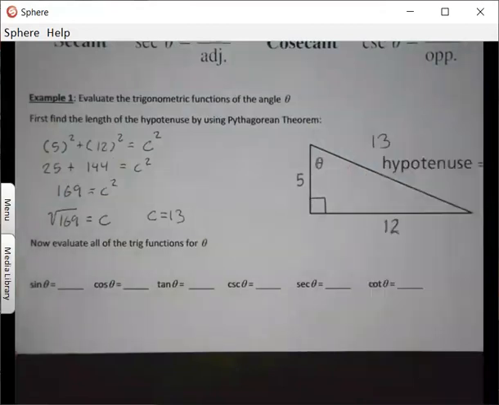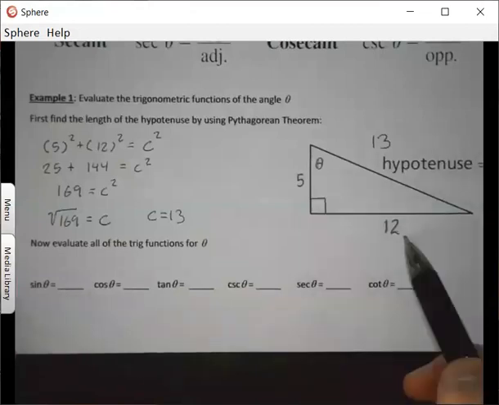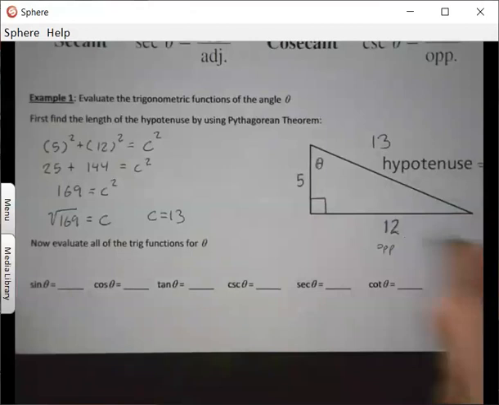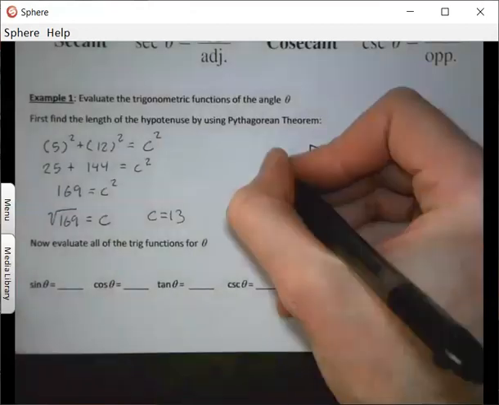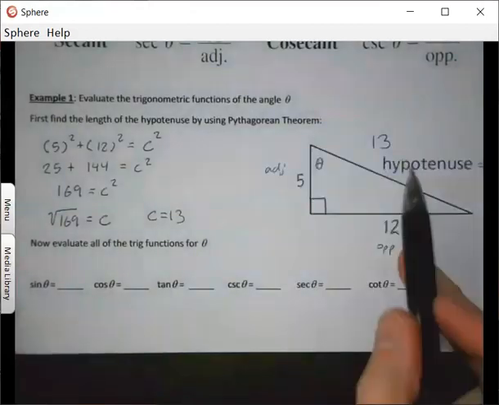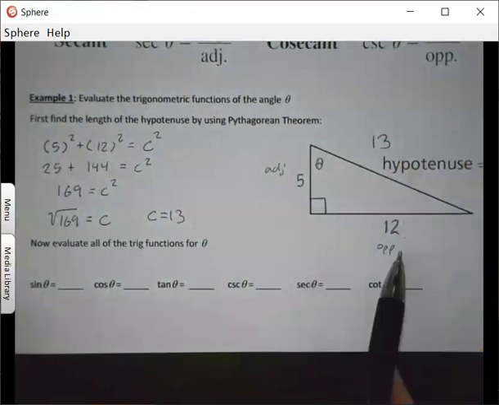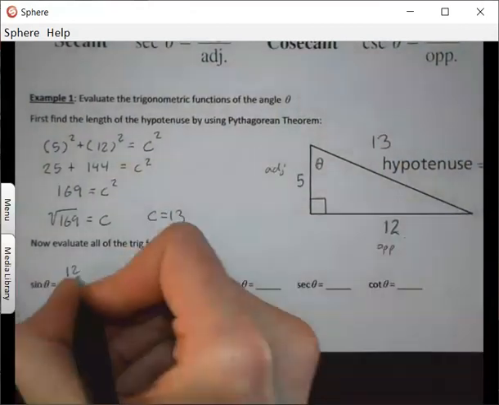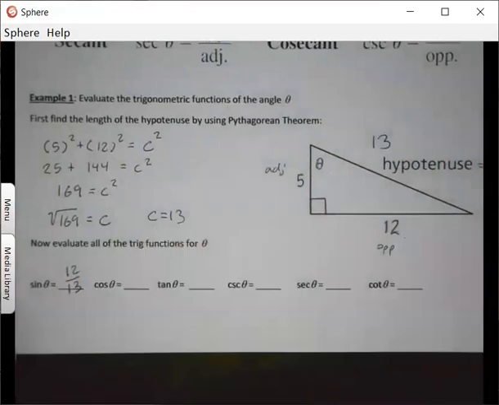So now we want to evaluate all of the trig functions for theta. We don't know what theta is, but we know if we plugged it in, put it in a calculator, sine would be equal to the length of the opposite side over the hypotenuse. So opposite, adjacent is next to, and then hypotenuse. So sine is opposite over hypotenuse, or 12/13.